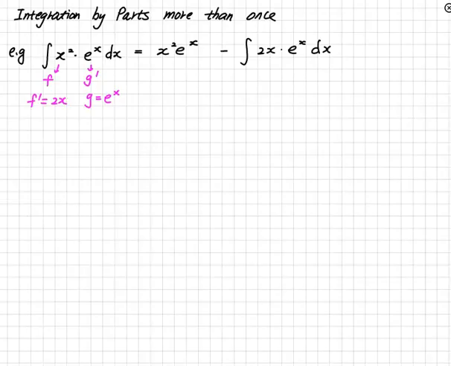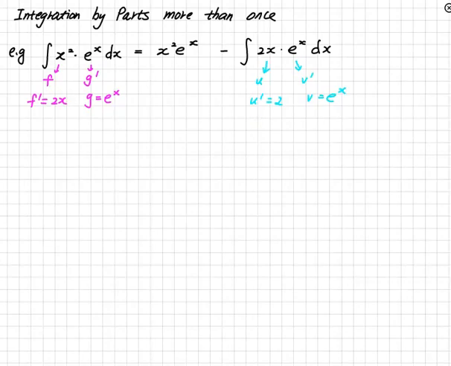So we're going to use integration by parts again. So this time, this one will be f, but I think I'm going to choose different letters so we're not confusing ourselves too much. So I'm going to let this one be u, this one be v dash. So therefore my u dash is 2, and my v is integrating the v dash, and it's still e to the power of x.